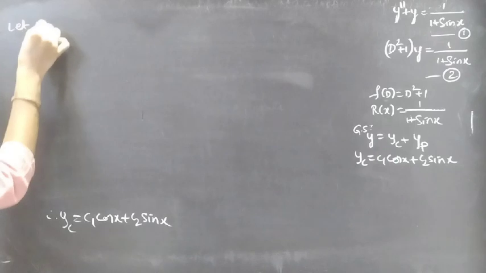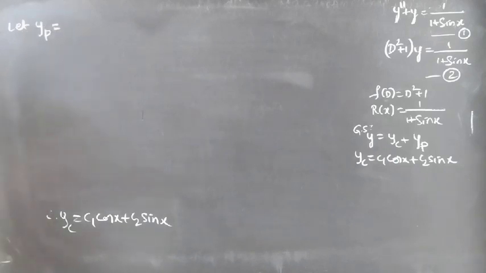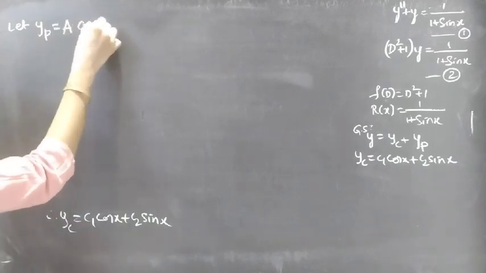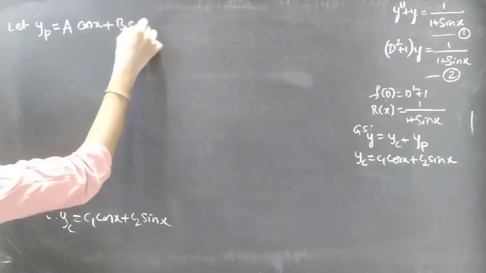Let yp equal to, just replace the constants or parameters with functions of x, A and B, then we'll get yp equal to A cos x plus B sin x.